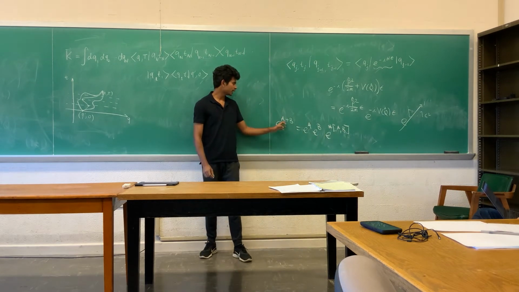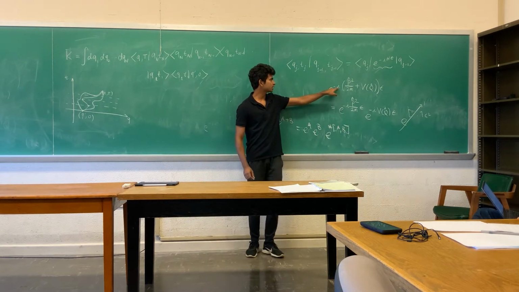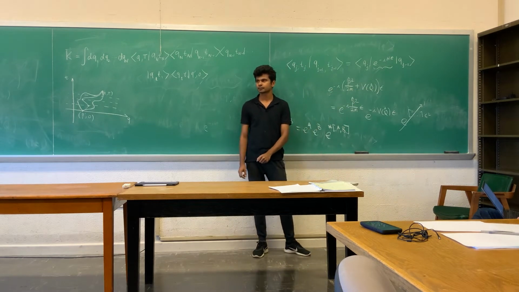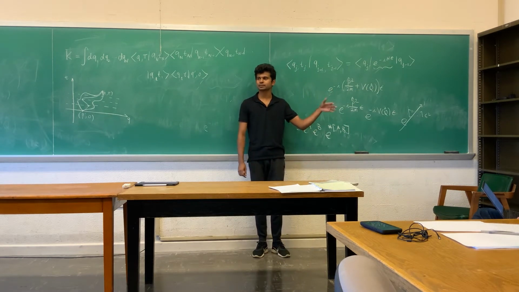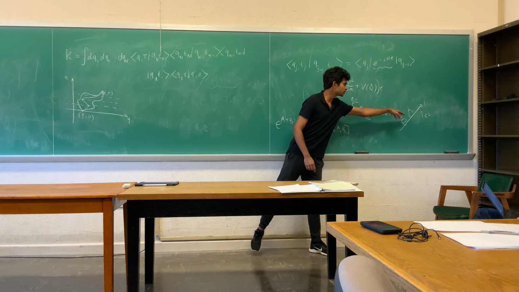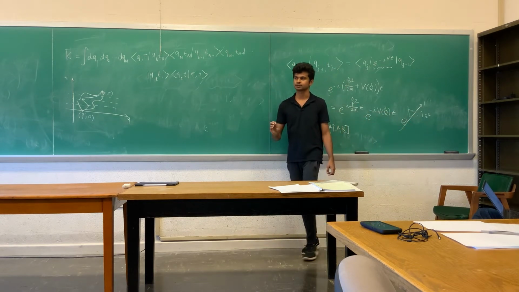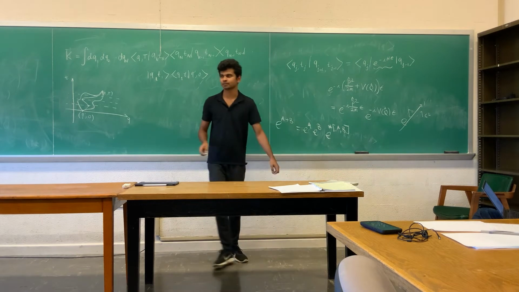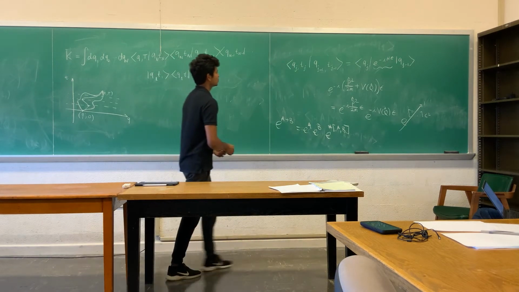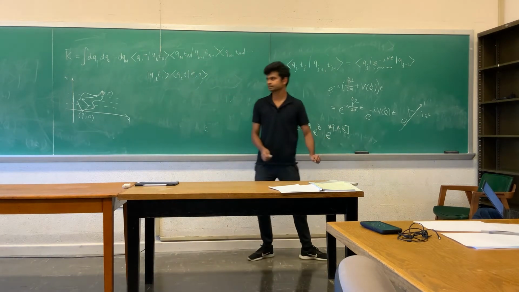Here a is p squared over 2m times i times epsilon. b is V(q) times the same factor. And then in the commutator you have an epsilon squared, which I set to 0 because it's small.